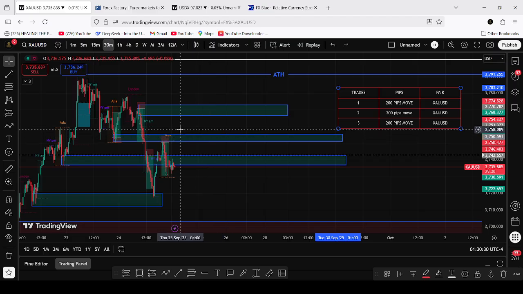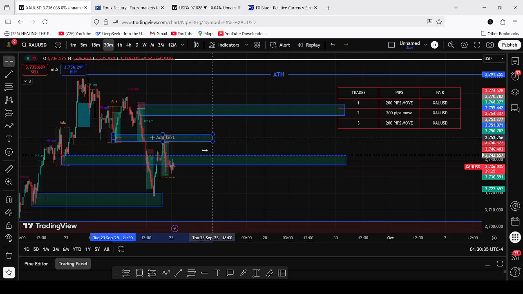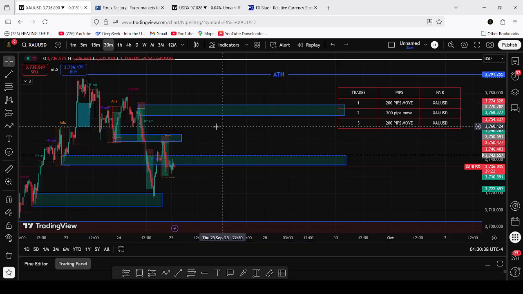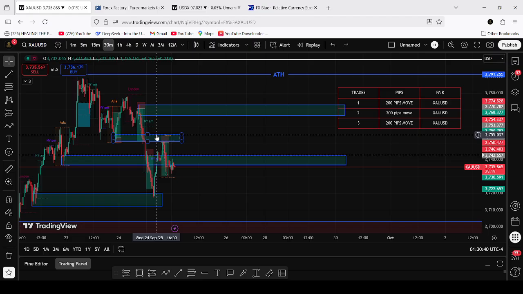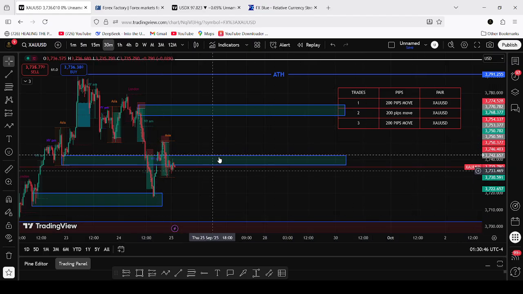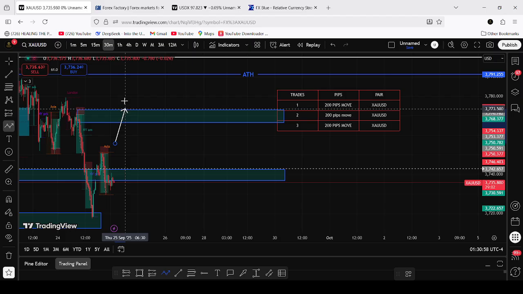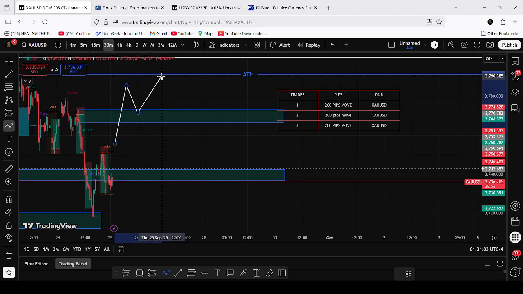So this one is the one that is very active, that is very high probability. For the other one, I might remove it because it has already been taken out. The one that is very active is this one. If the price goes up on the upside, you look for a retracement, then look for the all-time high and something on top.